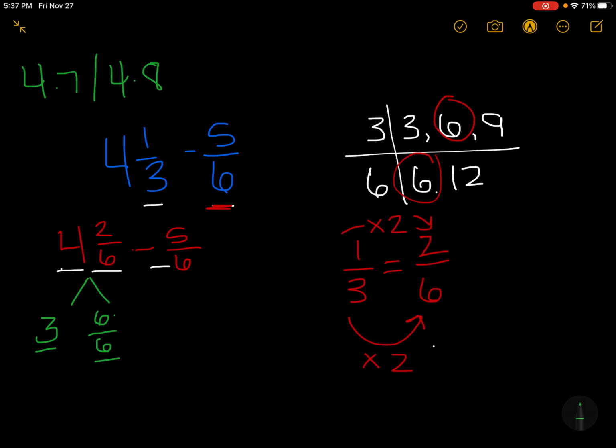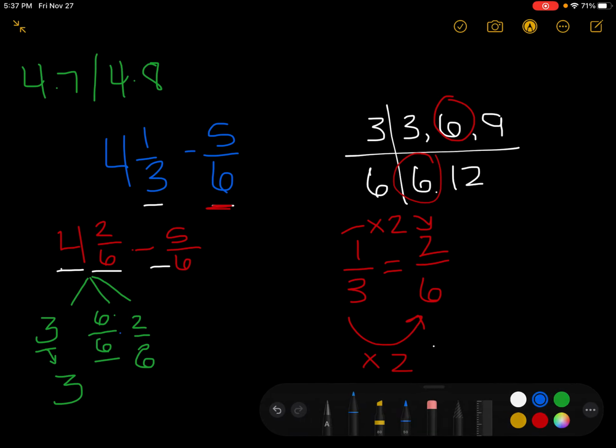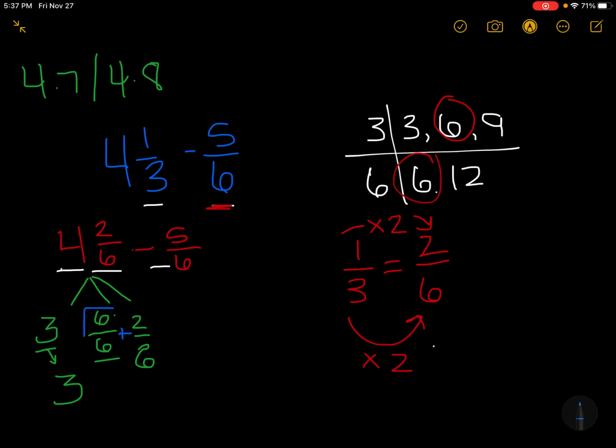So now, knowing that, I can include the 2/6 that was already there in my mixed number. What I'm looking at now, if I rewrote this, would be 3 as my whole. Putting together my two fractions here, I would have 8/6.